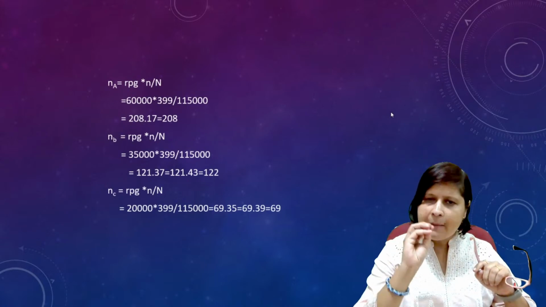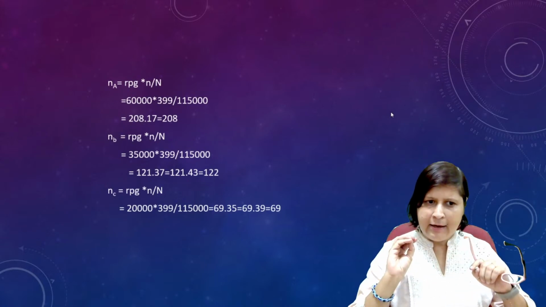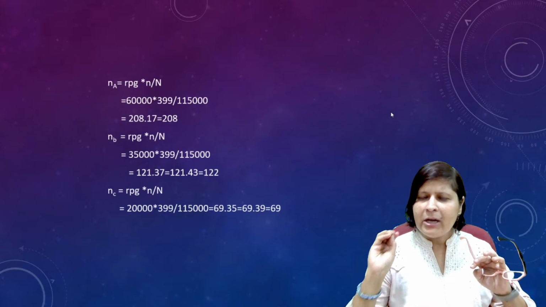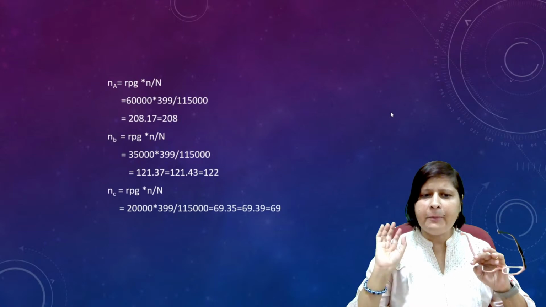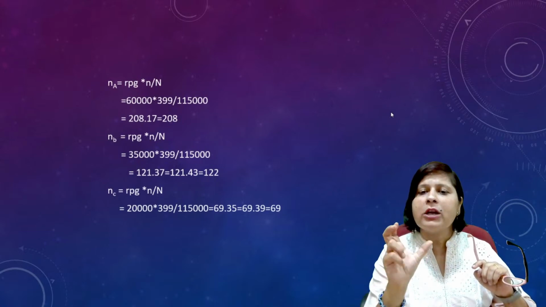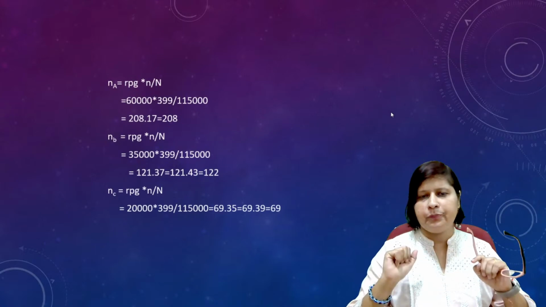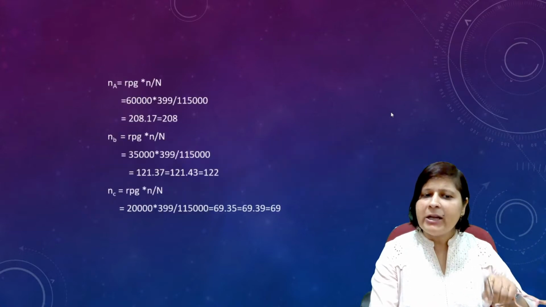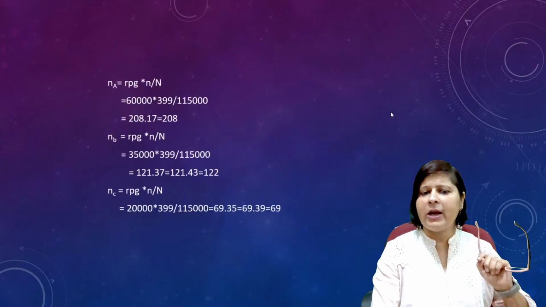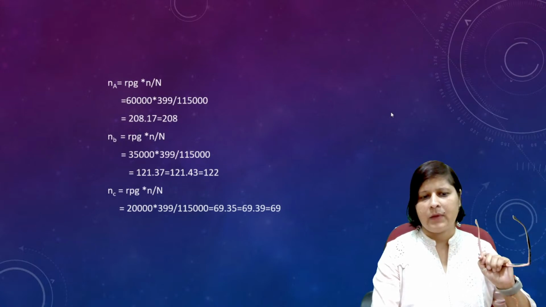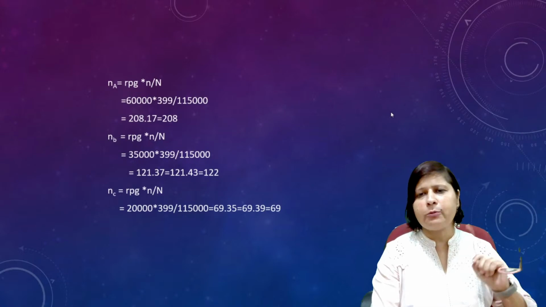The sample of stratum A, Na, equals the population of that group, Ng, multiplied by the total sample, divided by the total population. The total population of group A was 60,000. So 60,000 multiplied by 399 divided by 1,15,000 comes out to be 208.17.